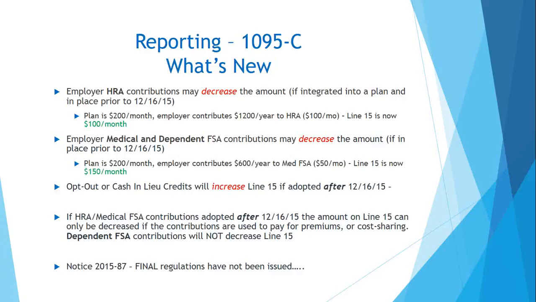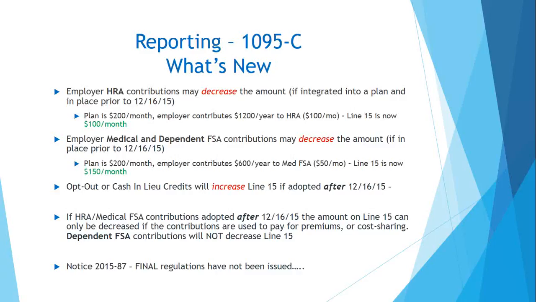So what that all means is that if you have an employer HRA, not an HSA, but an HRA, those contributions to the HRA may decrease the amount on line 15. So if you as the employer contribute $1,200 a year to the HRA, which is $100 a month, and the plan to the employee is $200 a month, that's that lowest cost share of employee-only coverage is $200. Line 15 is now $100 for that employee.